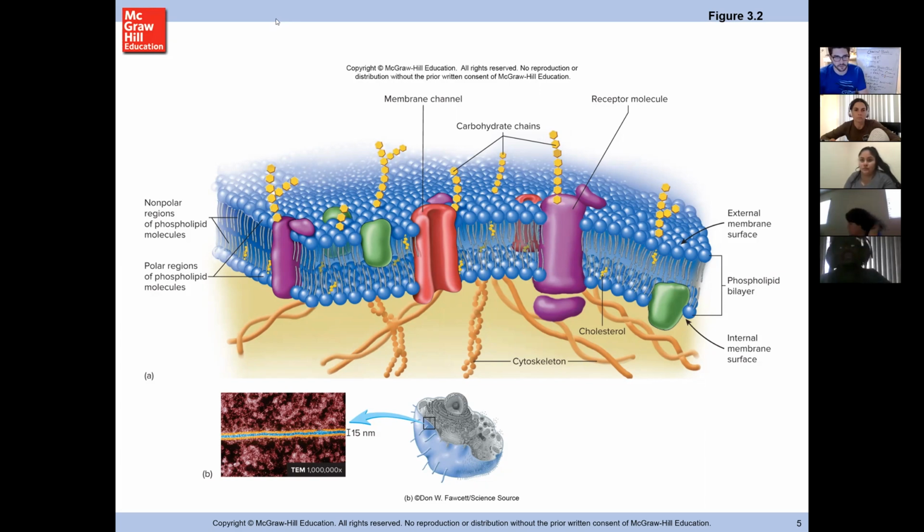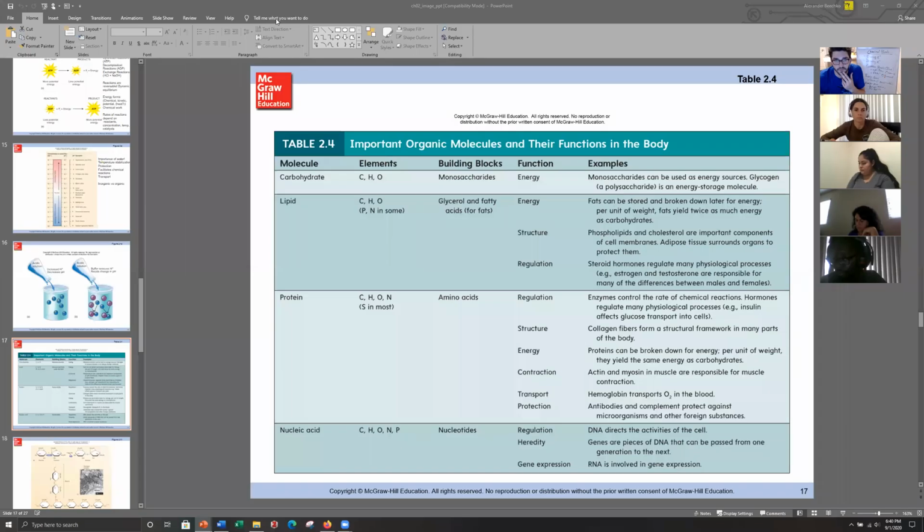So here, let me pull up those slides from last week. So this table here, table 2.4.